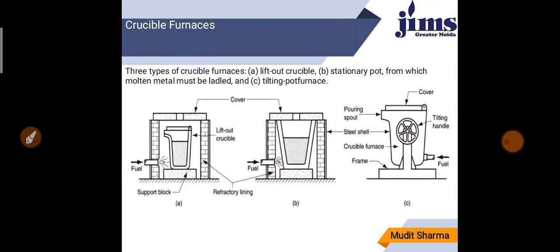You can see the crucible furnaces in the schematic diagram. What is a crucible? A crucible is a heat resisting pot for metal melting, made of fire clay mixed with coke dust or graphite.